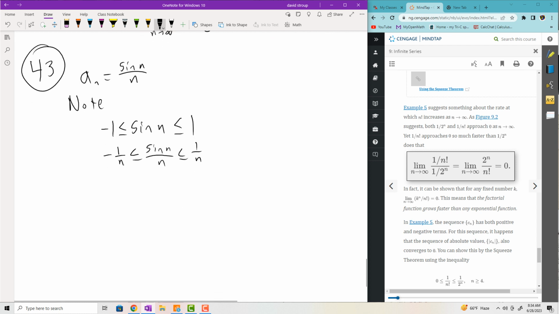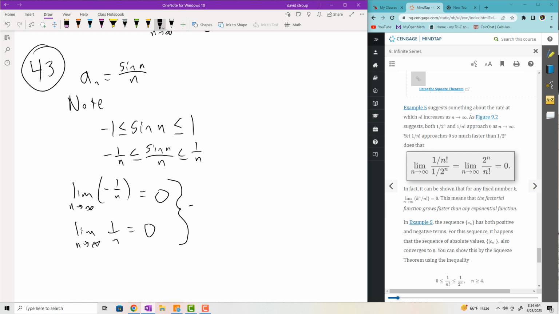And then we can consider the limits of those outer two terms. So the limit of -1 over n as n goes to infinity is just 0. And then the limit as n goes to infinity of 1 over n is equal to 0. And then these two things imply that the limit of the middle guy, sine of n over n, is also equal to 0, by the squeeze theorem.